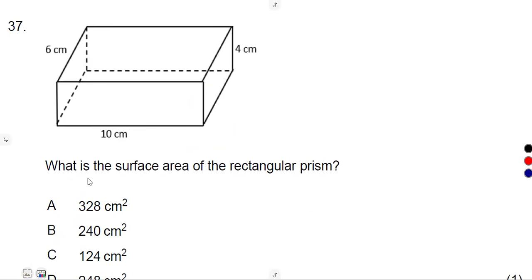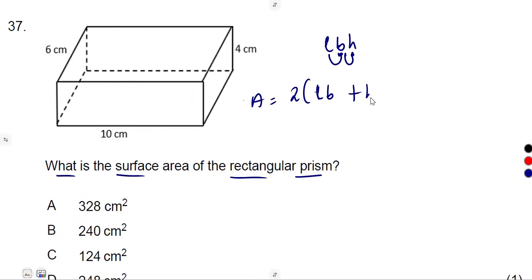Number 37, what is the surface area of the rectangular prism? All right, they are all in centimeters. So remember, for a rectangular prism, the surface area, guys, is going to be 2 into, right? Remember, we've got length, breadth, and height. So it's going to be length times breadth, breadth times height, length times what?